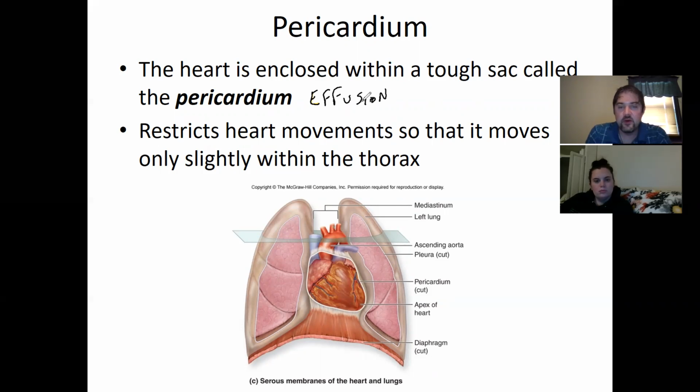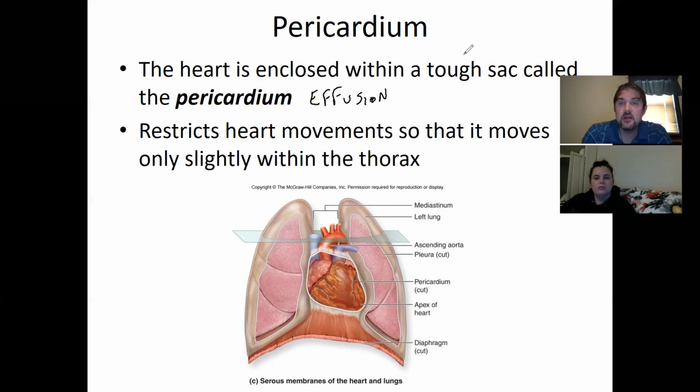You will hear about that sac from time to time with fluid building up in that area, or blood. Sometimes you can get infection in that area, pericarditis, that sort of thing. They also call it the pericardial sac, and the fluid in there is called pericardial fluid.